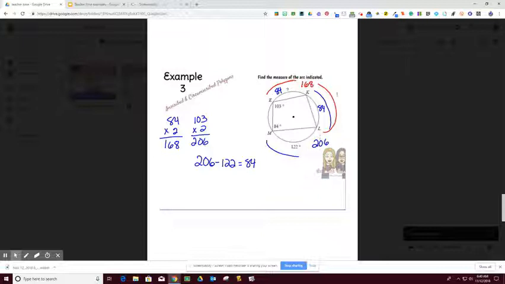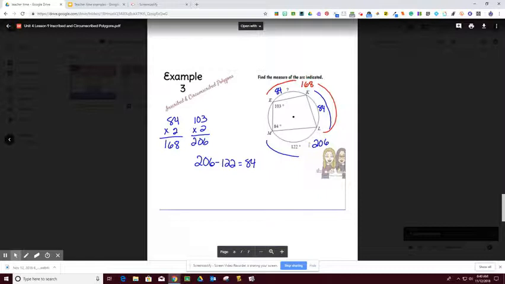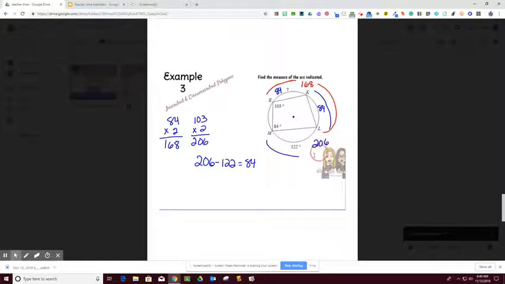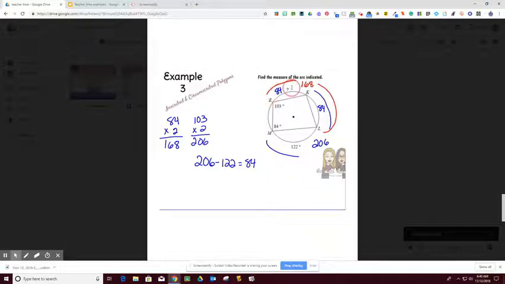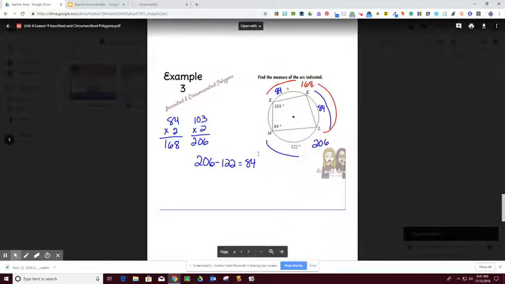Then I'm going to subtract. So 206, the blue part, minus 122 gives me 84. If the whole red one is 168, 168 minus 84 is going to give me 84, which is the indicated arc EK. I'm using the fact that these are inscribed angles to be able to find their intercepted arcs.